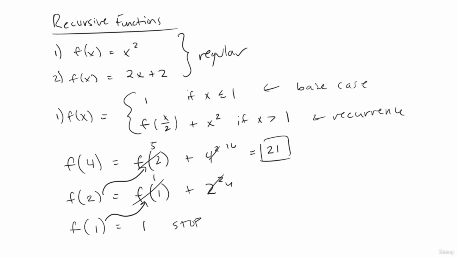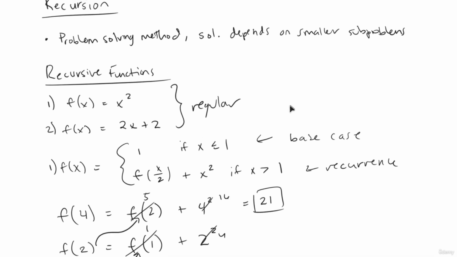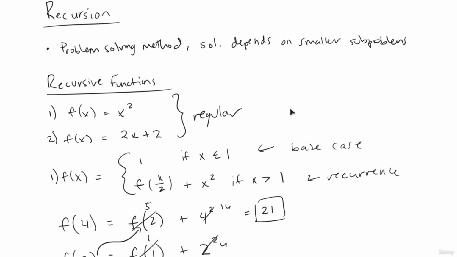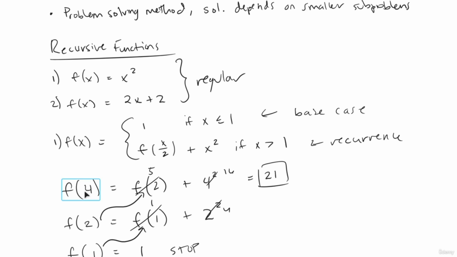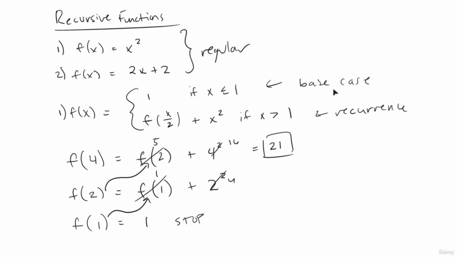And so hopefully you're piecing together this broader concept of a problem-solving method where the solution to a problem, which here is f of 4, depends on the solution to smaller subproblems, f of 2 and f of 1. Every recursive function has a base case. It also has a recurrence. And those are the main components of a recursive function.